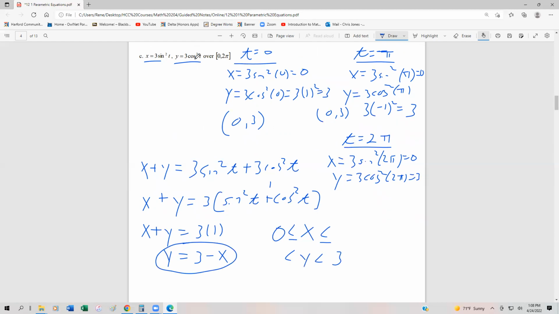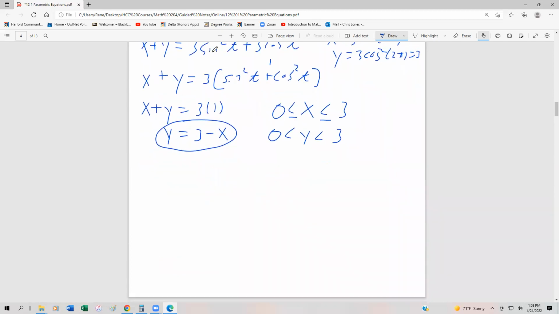And to get 3 out of the sine, t would have to be equal to pi halves. So if I throw pi halves in there, we get x equals 3 sine squared of pi halves, which is going to be equal to 3. So sometimes it's helpful, especially with trigonometrics, to see what the domains are going to be.